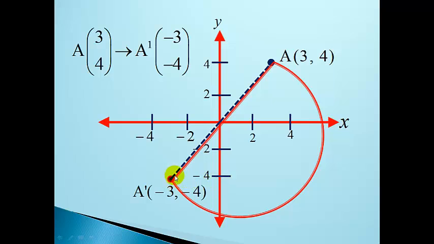And so this is the point, and the image is A prime (minus 3, minus 4). So the angle is 180 degrees. That is why between A and A prime is a straight line, because the angle the straight line makes is 180 degrees.